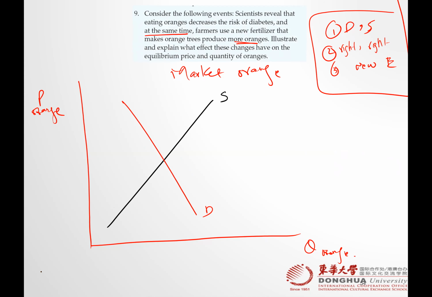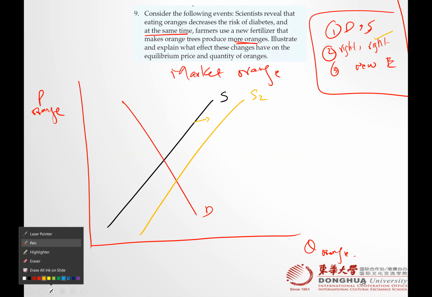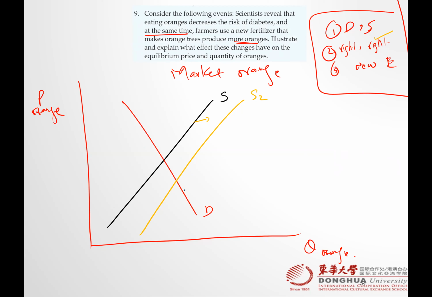What happened now? Supply shifts to the right, S2. Demand shifts to the right as well, D2. And where is our new equilibrium?